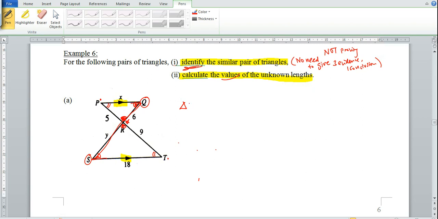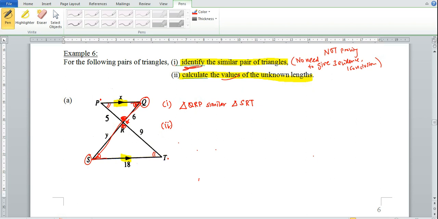The two similar triangles will be QRP, I'm answering part 1, similar to triangle SRT. So I've answered part 1. Now, based on part 1, I can find the unknown values for this triangle.